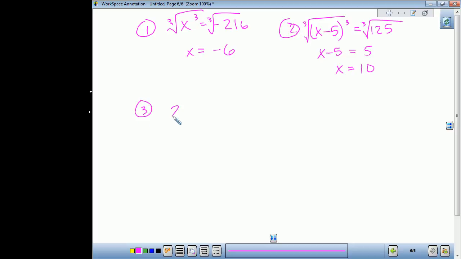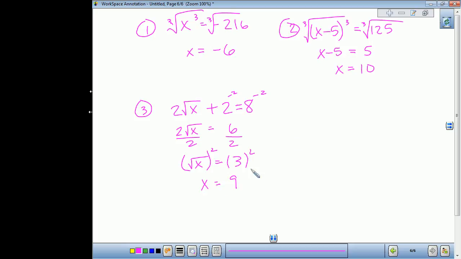Number 3, 2 times the square root of x plus 2 equals 8. We subtract 2 from both sides. We get 2 roots of x equals 6. Divide both sides by 2. So we get the square root of x equals 3. And to undo a square root, we would square both sides. So x equals 9.